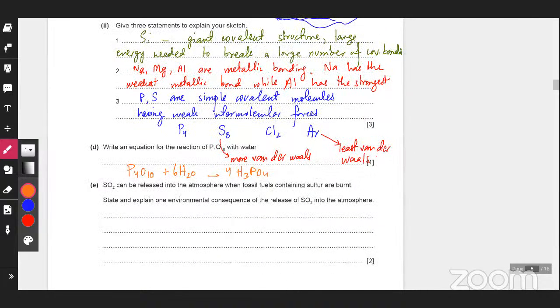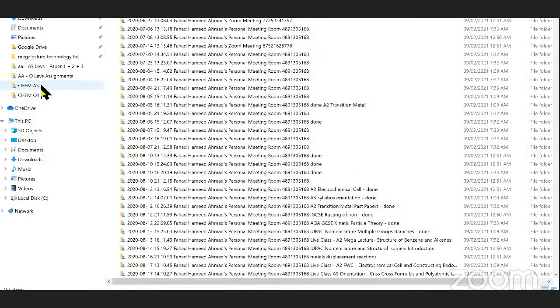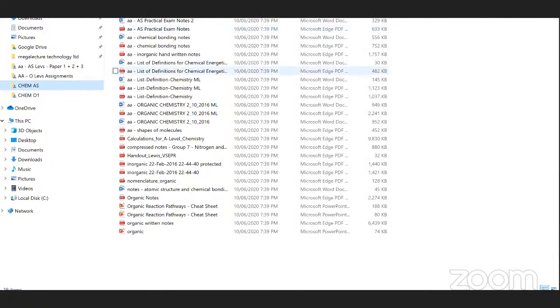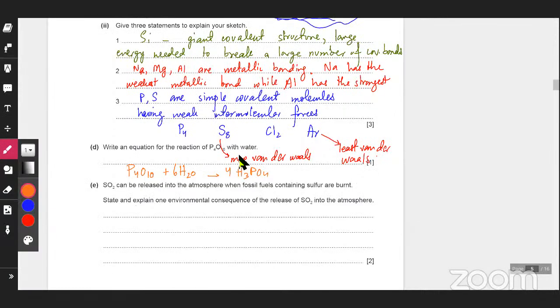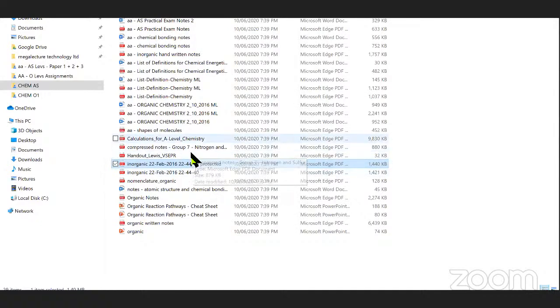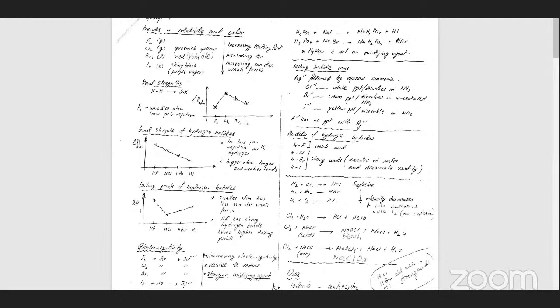We can even go through the whole reactions of oxides with water. Just 1 second. Let me open the notes for inorganic. Probably this one. Yeah, actually not this one. Just a second.